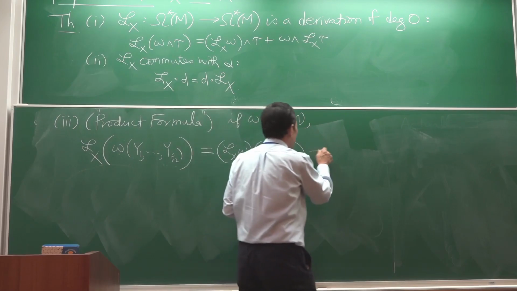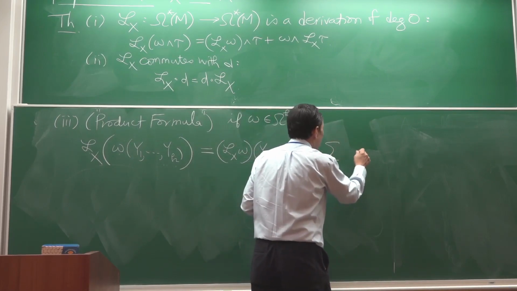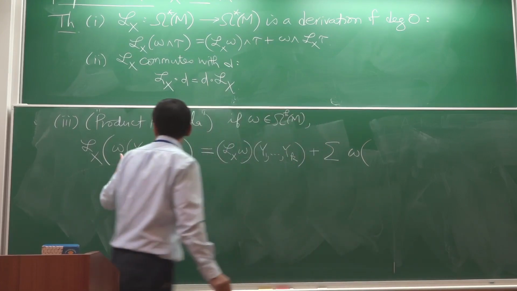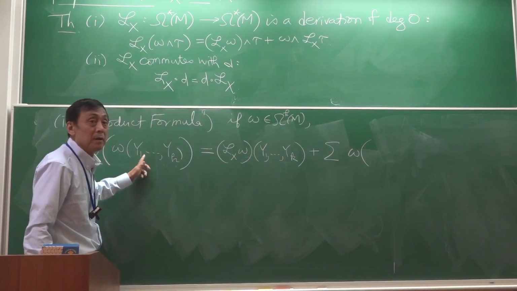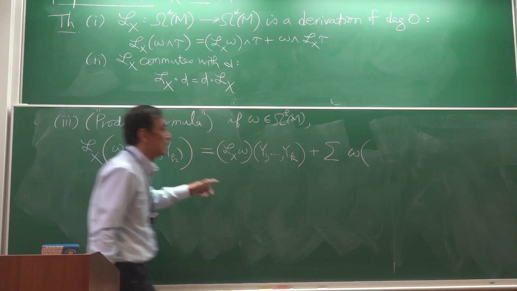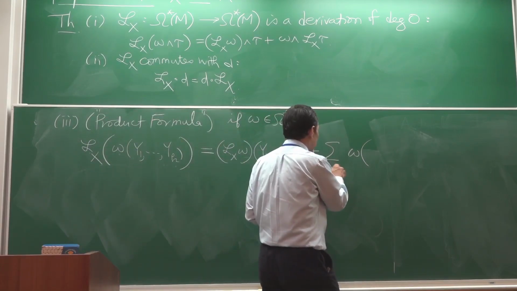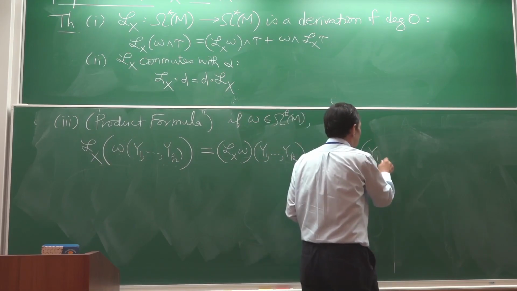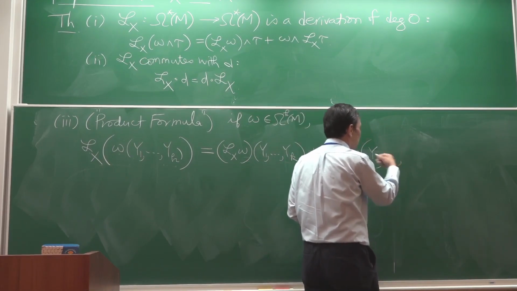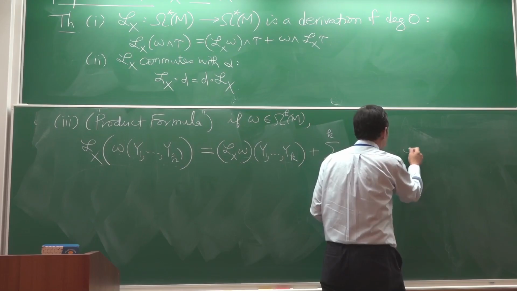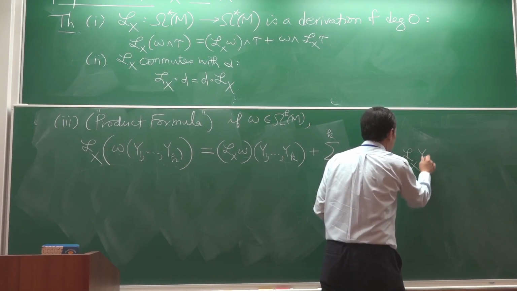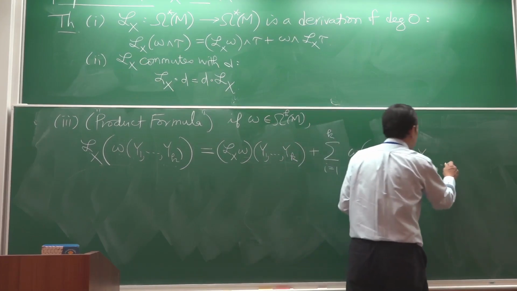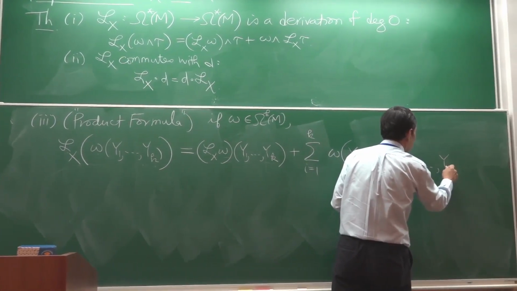And then you take omega, and you take the Lie derivative of each of these arguments. So i goes from 1 to k. You're supposed to take the Lie derivative of each one of them, yi, one at a time.